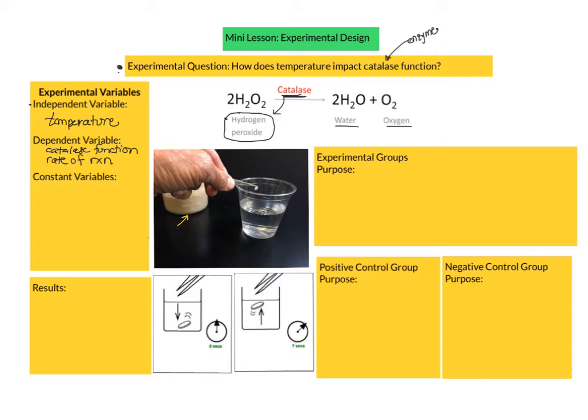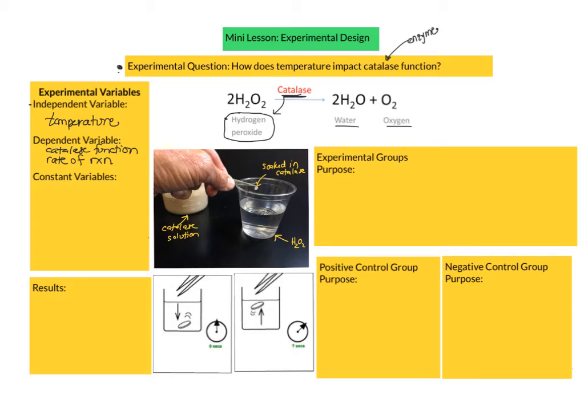And what we can do is we can fill a cup with some hydrogen peroxide, and we're going to take a little paper disc. We use filter paper, and we'll take that little disc right here, and this is soaked in catalase. So we would dip it into that solution, that's over here, catalase solution.